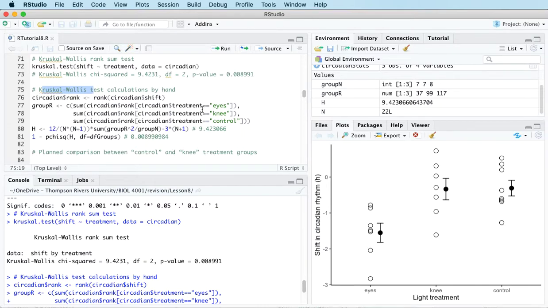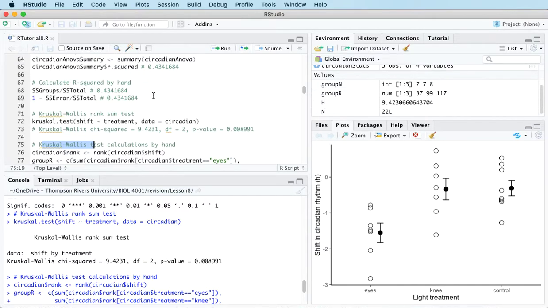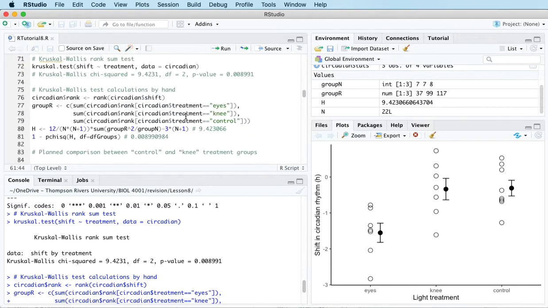If it appears that the equal variance assumption is satisfied, then if you do the ANOVA test, which we did in the last video, and got this p-value, it's going to be very similar to the p-value you would get if you did the Kruskal-Wallis test.